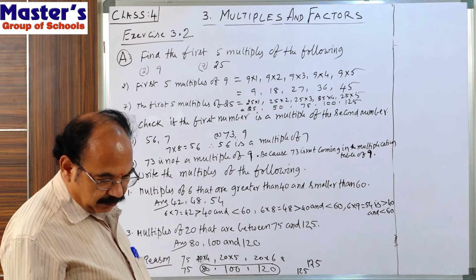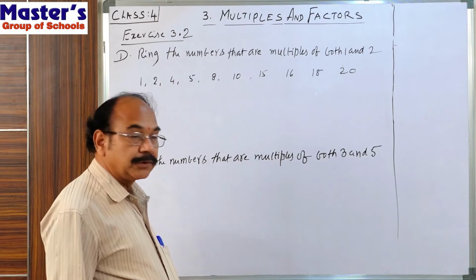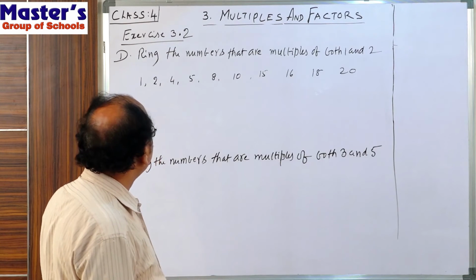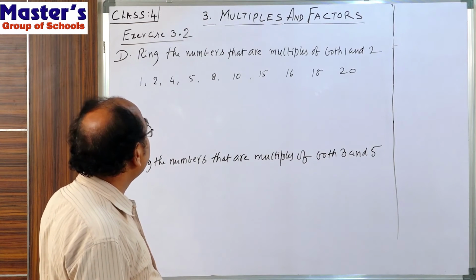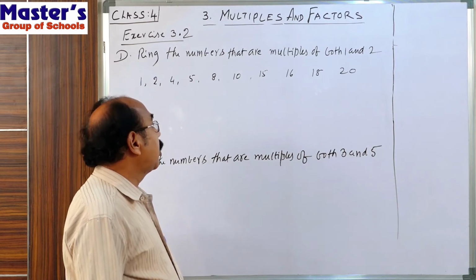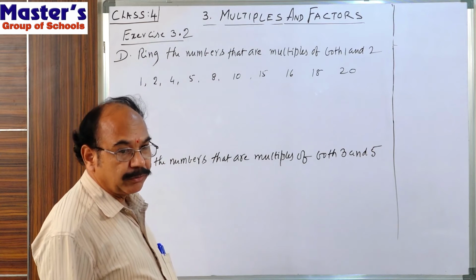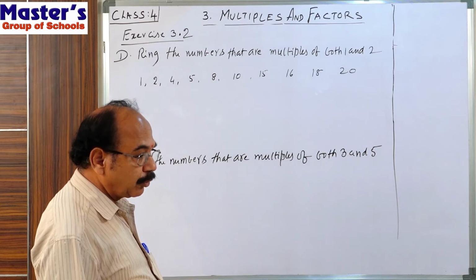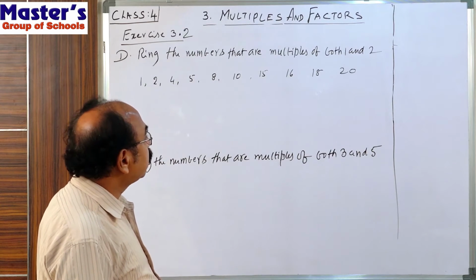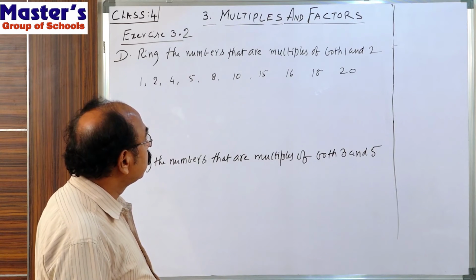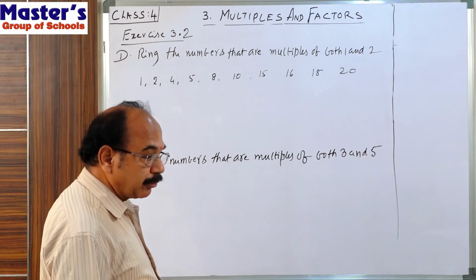Right, children? We can go to the next section. Children say D. Ring the numbers that are multiples of both 1 and 2. What are the numbers that are multiples of both 1 and 2?